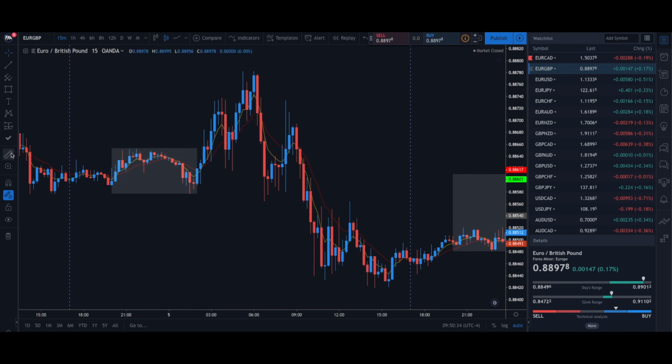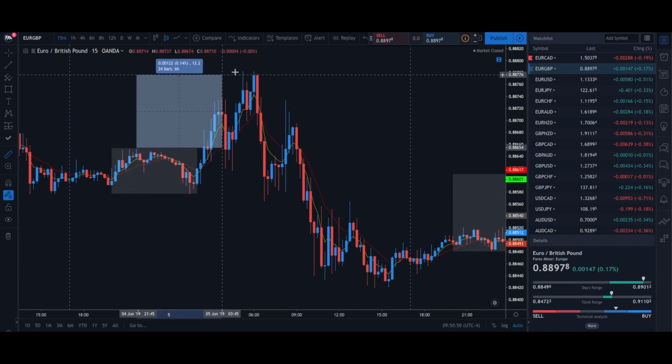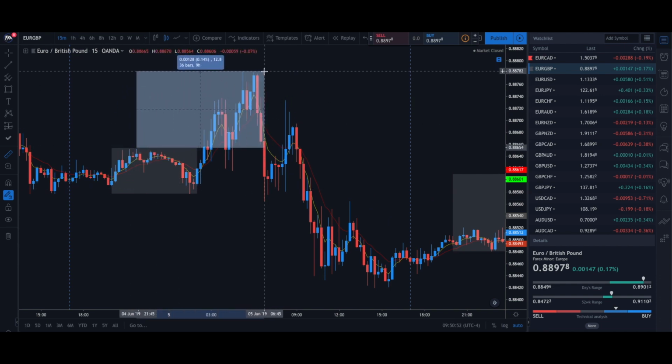Okay, so the first swipe, they go up about 9 pips outside of the Asian range initial high of the day. And then the second swipe that they do, they go up 12 pips from the initial high of the Asian range that was set.